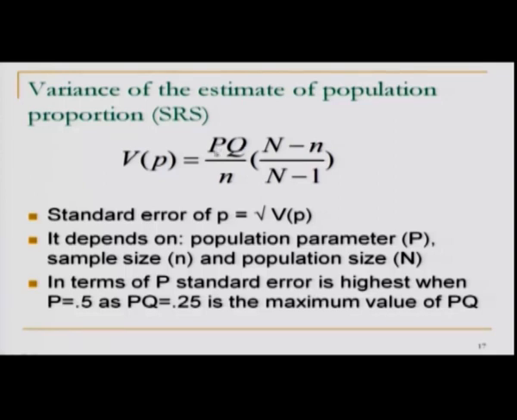As P goes further beyond 0.5, it becomes 0.6 or 0.7 or 0.9, the value of PQ starts declining.